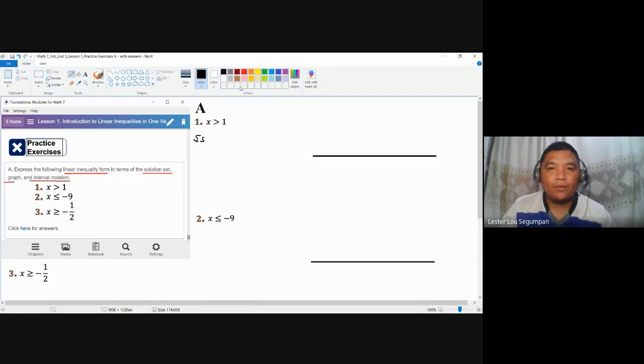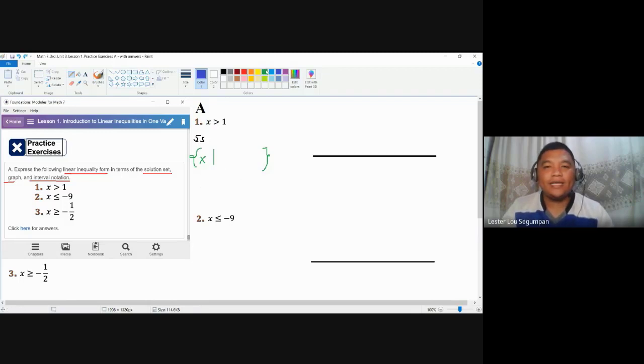Do not forget that when we write a solution set, it's in this form: set of x such that, the statement, and then the close brace. Don't forget also that we use x here because the given for number one is x. If this is y, we need to use y. If this is, say for example, a, we need to use a here. But since our given is already in the form of x, we will be using x.